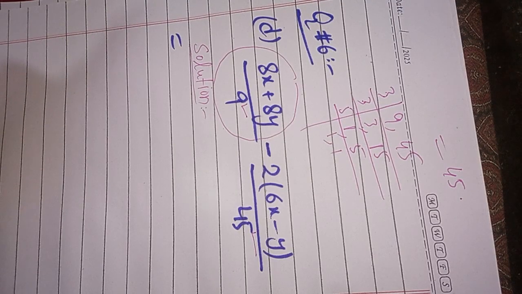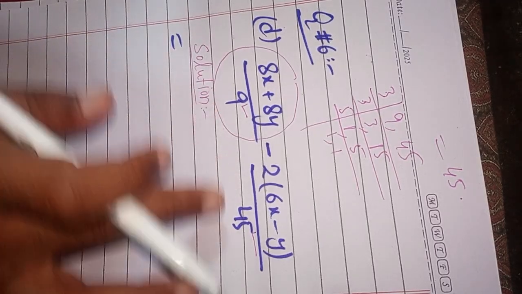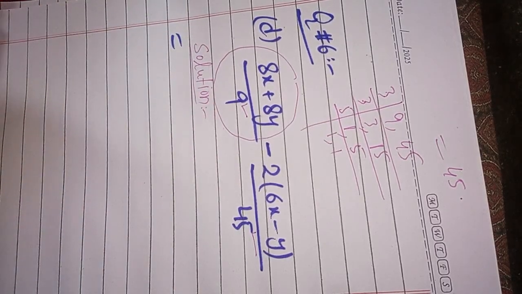First of all, we take the LCM, then we make the same denominators, and then we add or subtract. If there is a subtract sign, we subtract. If there is an addition sign, we add them.